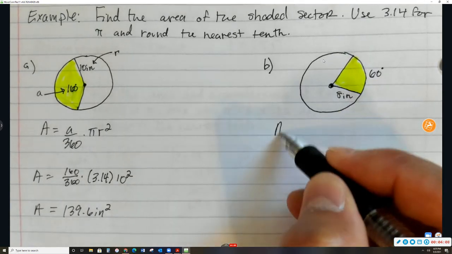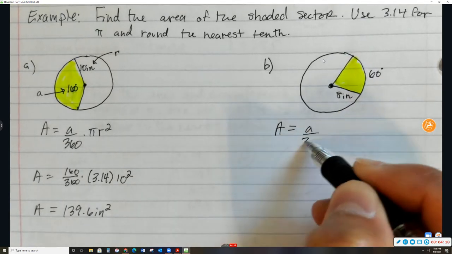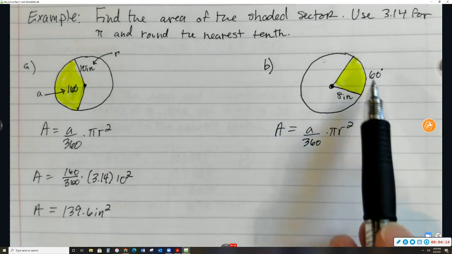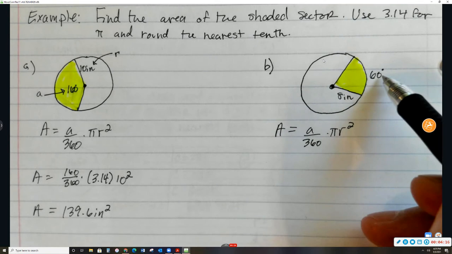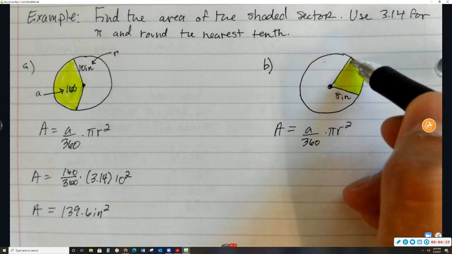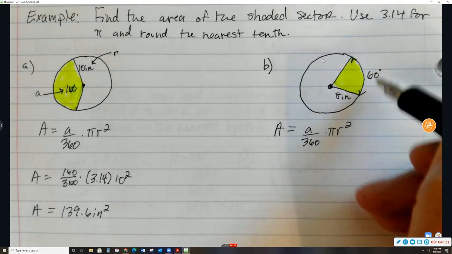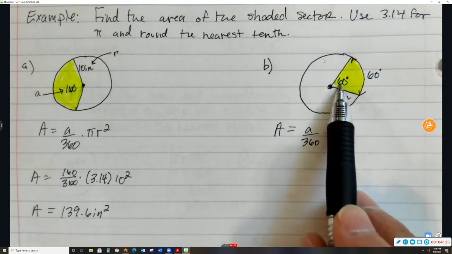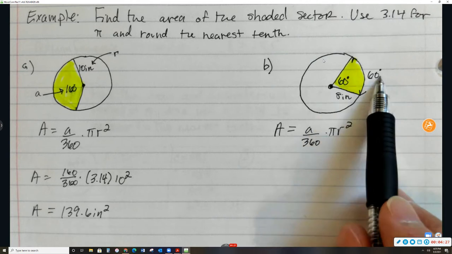Again, start off with the formula. It's A over 360 times pi r squared. Sometimes this angle measure is the arc angle, but it's also this inside angle measure. You may find it out here or inside.